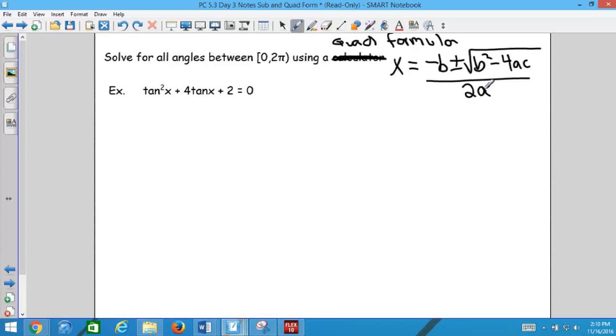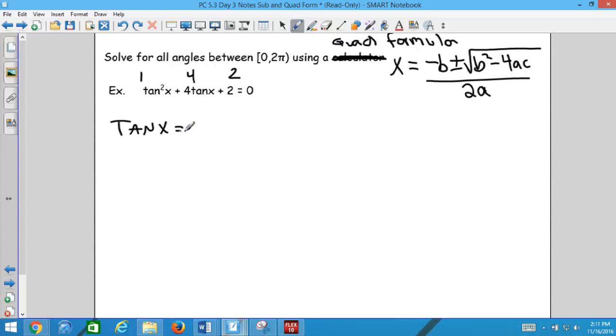All right, so we're going to use the quadratic formula, using your coefficients, a, b, and c. But when we do this, we're not actually solving for x. We're just solving for tangent x.